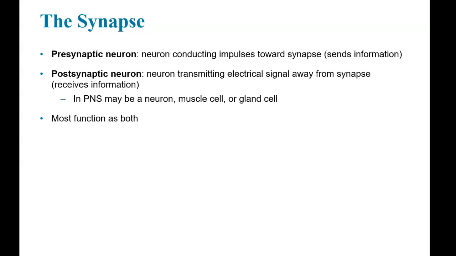It depends on how the signal is traveling. The presynaptic neuron is conducting impulses towards the synapse, so towards the meeting of the two neurons. It's sending the information. The postsynaptic neuron is receiving that information. And in the peripheral nervous system, the postsynaptic neuron could either be a muscle cell or a glial cell, or it could be a neuron.